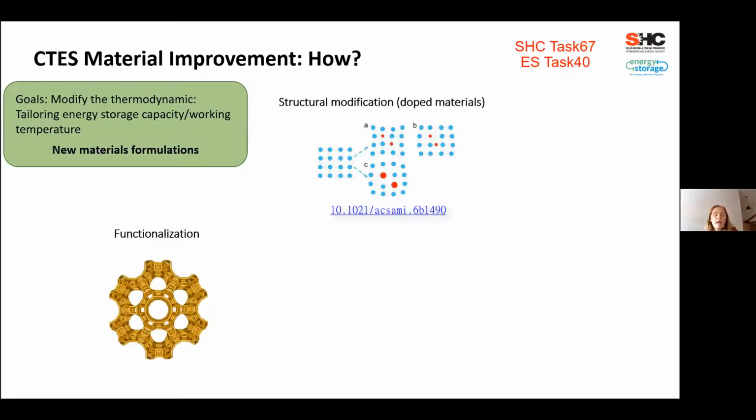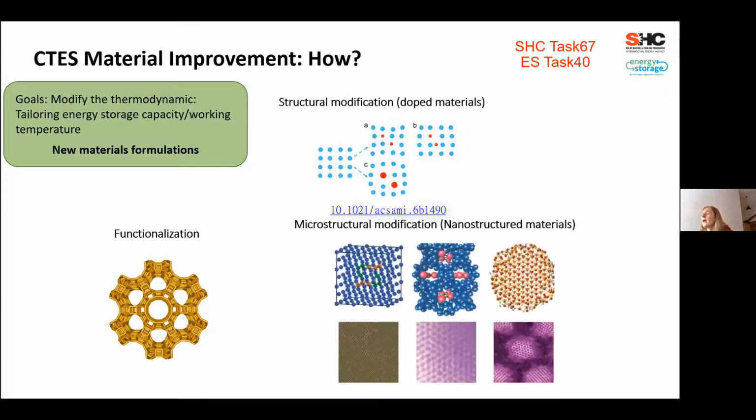We can functionalize, for example, in case of porous material, we can add functional groups, sorry, to modify the chemistry and to have a special behavior, the behavior that we want. Or we can act on the microstructure of the material.